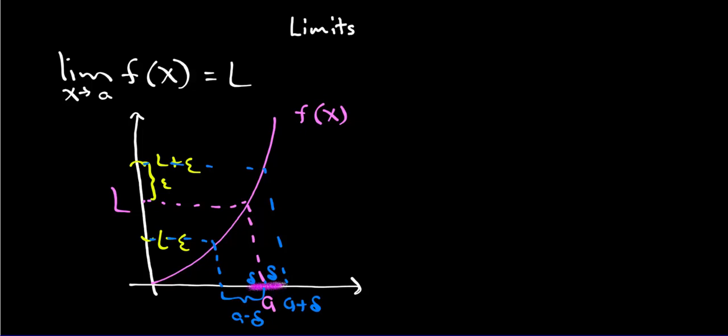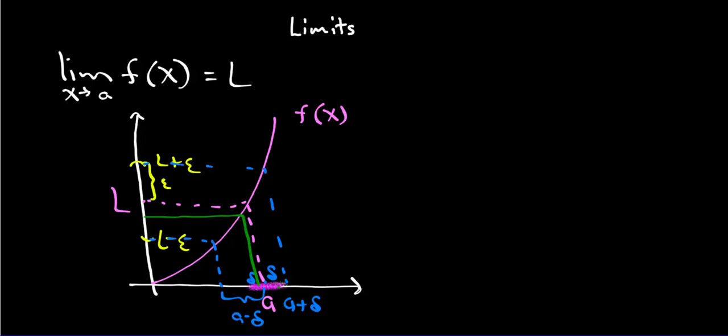Notice that no matter what value for x I choose in this little pink region, it's going to have a function value between L minus epsilon and L plus epsilon, no matter how small I make epsilon. That's what we mean by limits.